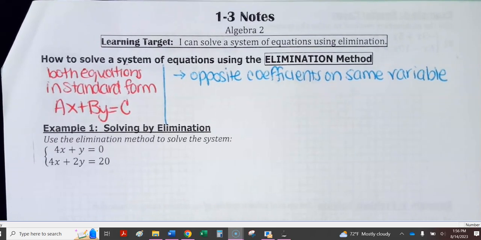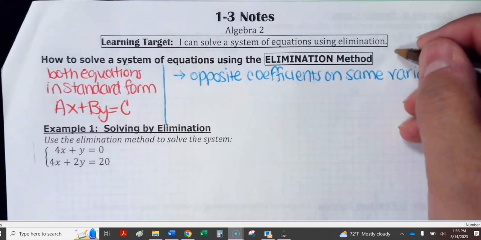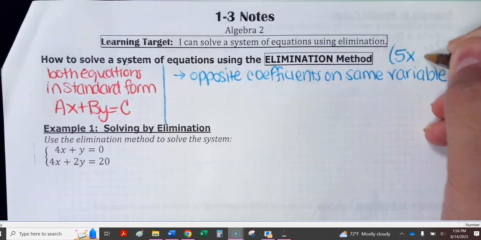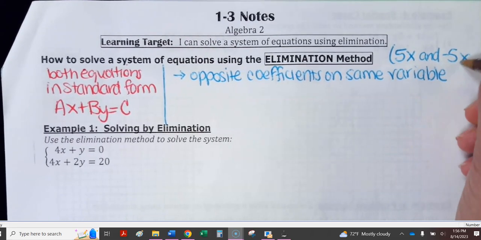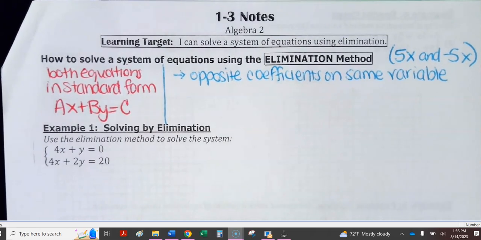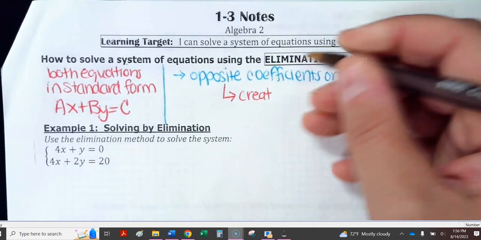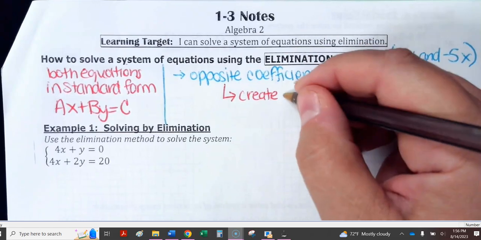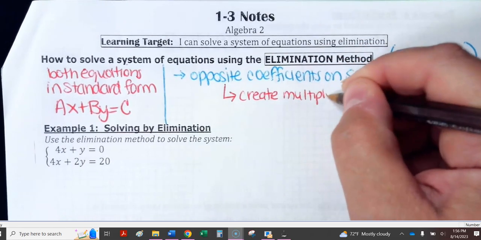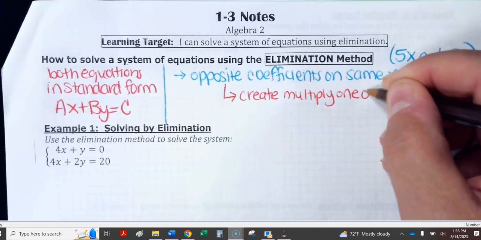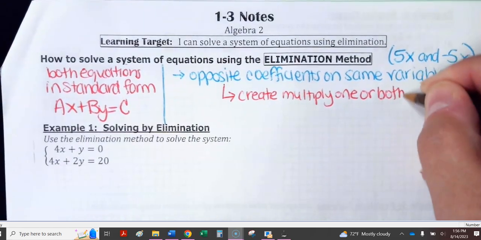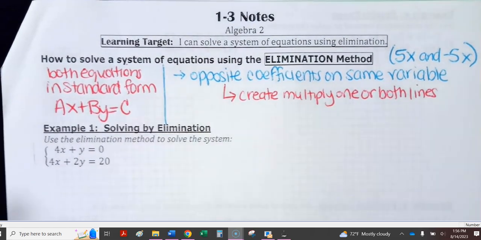If you're looking at the homework paper, the very first one has something like this, but opposite coefficients on the same variable. If you want a little example, maybe like 5x in one equation and negative 5x in the other equation. Okay, if you don't have that, you may have to create this, and to do so, all you're going to do is multiply one, or sometimes, depends on the question, both lines to create that.